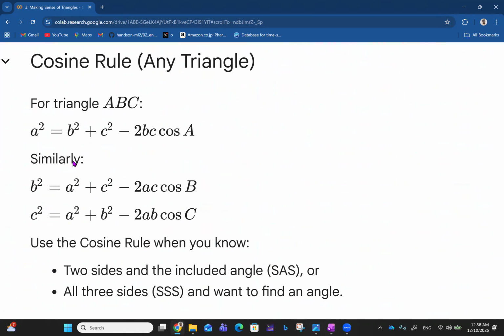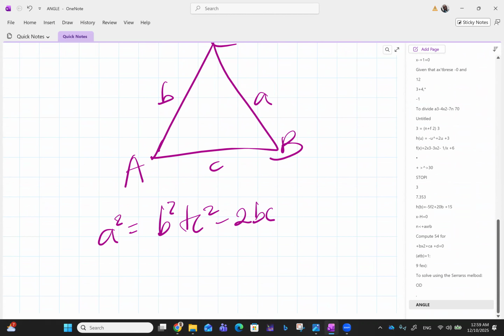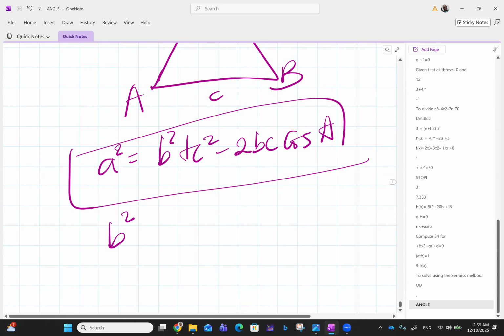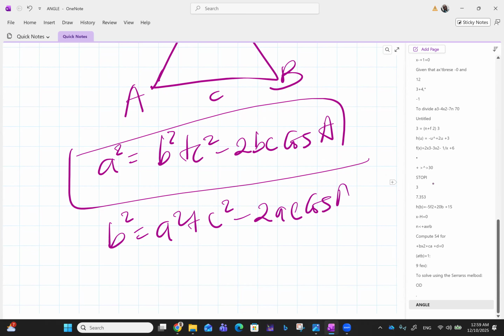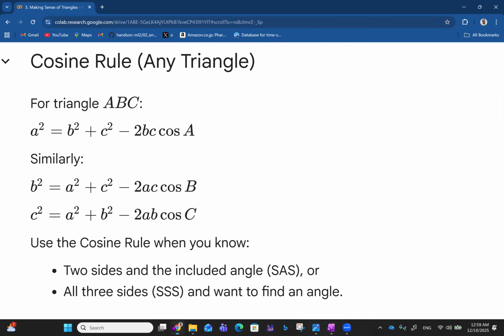So you have a separate formula for each one. a squared is equal to b squared plus c squared minus 2bc cos A. And the same goes for the others too. b squared is equal to a squared plus c squared minus 2ac cos B. And of course, c squared is a squared plus b squared minus 2ab cos C, like that. So you just need to put everything together to get your results.